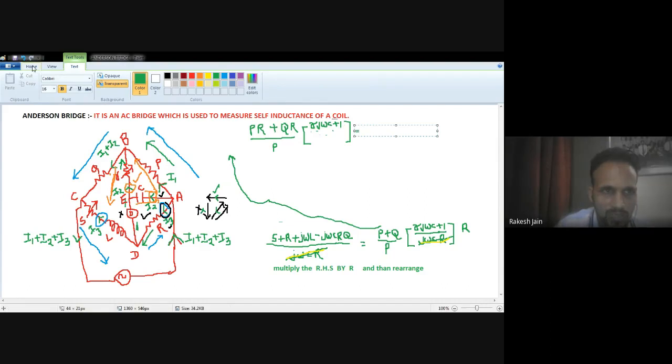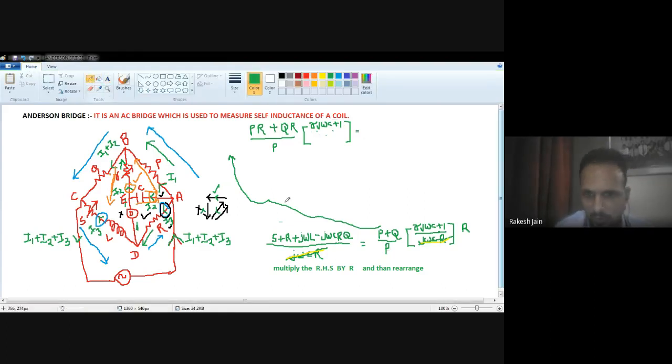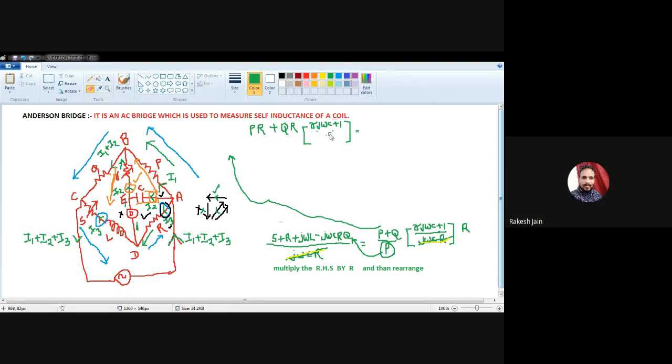Now we can move this P to the left hand side. I'm talking about this P. So I am just writing down this P at the left hand side, and I remove this also. Don't be confused, this is a simple mathematical operation.